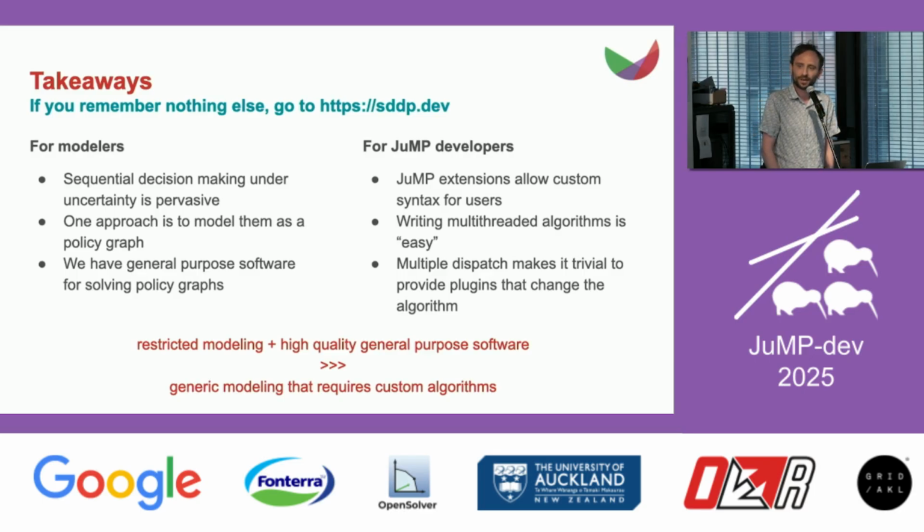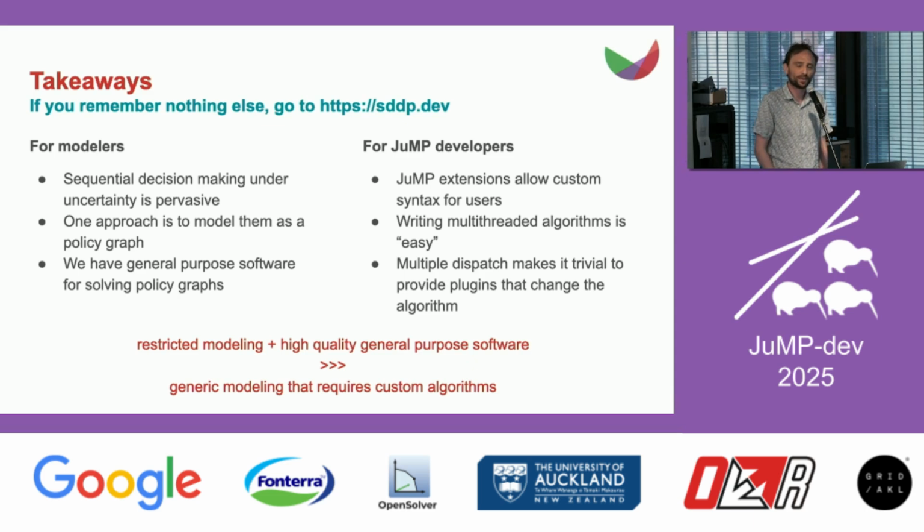For other developers of JuMP extensions, you can adjust the macros, like the variable macro, to tag in new types, like the SDDP.State variable, where instead of returning a single variable, we return a struct of two JuMP variables. It's very nice. It allows you to build really elegant syntax.